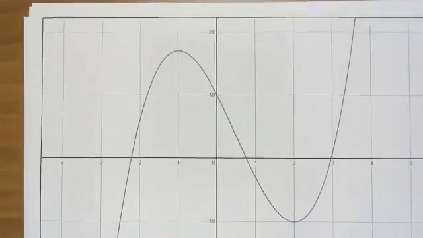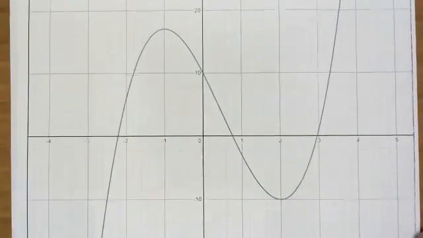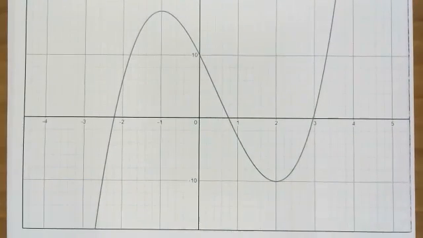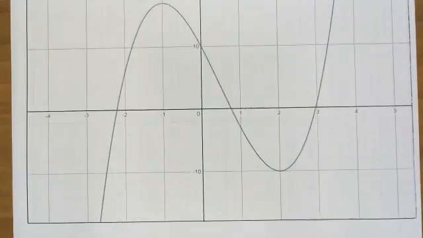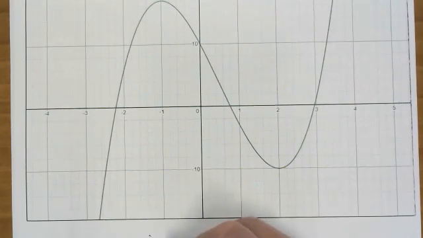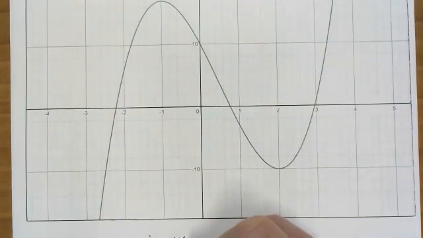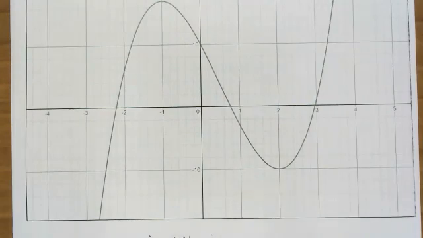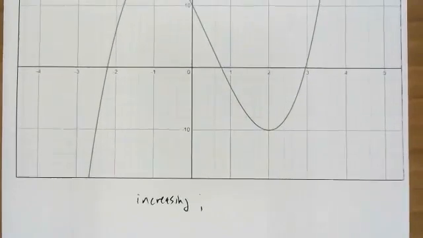How about this one? I've seen this kind of thing before. For this one, let's answer the question, where's the function increasing and where's the function decreasing? And by where, I'm talking about given intervals for x where the function is increasing or decreasing. Look at increasing first.